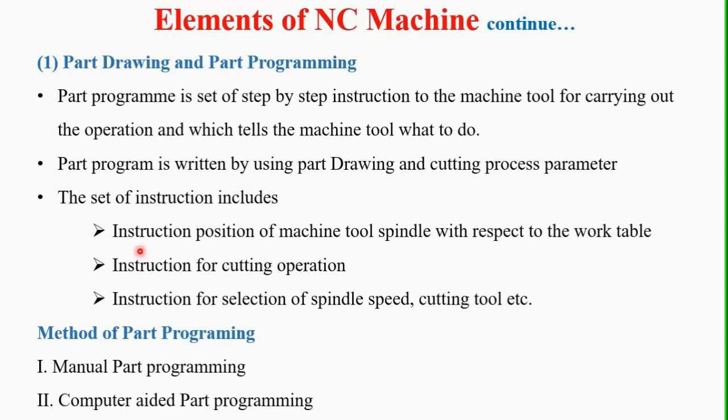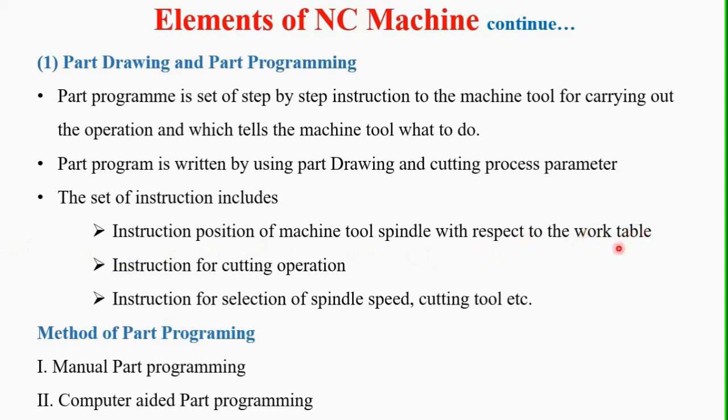Also, some other input mediums are available, called punched cards, and magnetic tape is also used to give this input data. Then the set of instructions in this NC machine includes the position of the machine tool spindle with respect to the work table.